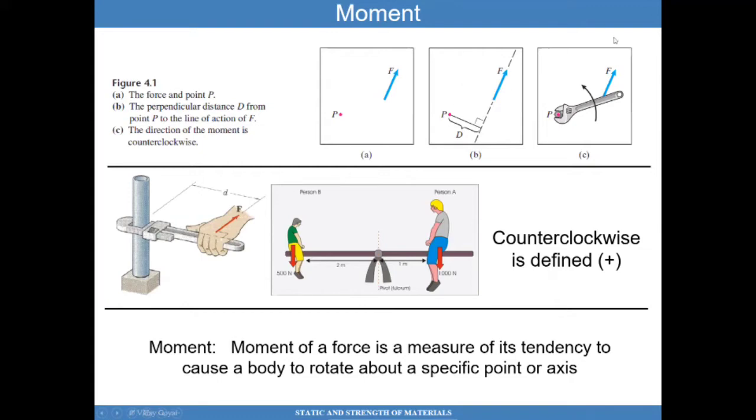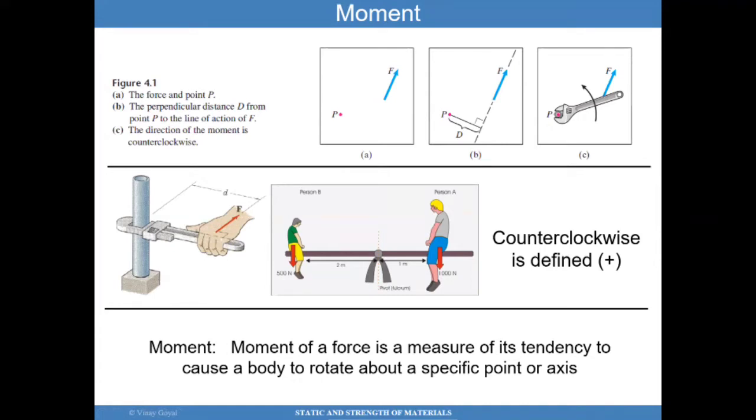You can see that here in the wrench. If you were to apply a force right at where the bolt is, there will be no moment. Nothing will happen. Here, you can also see that the direction of the moment is counterclockwise.